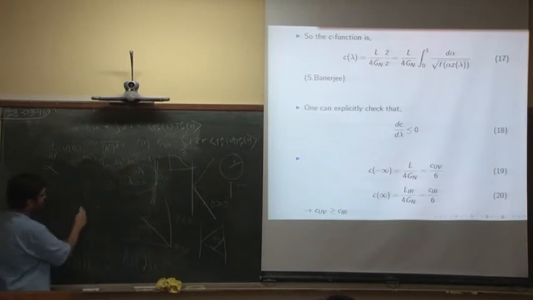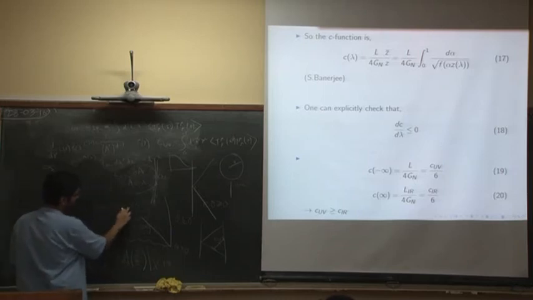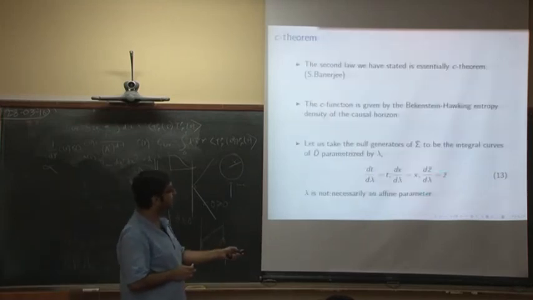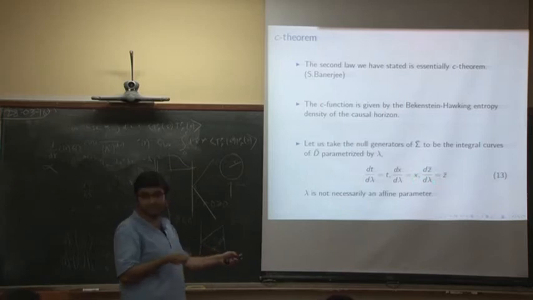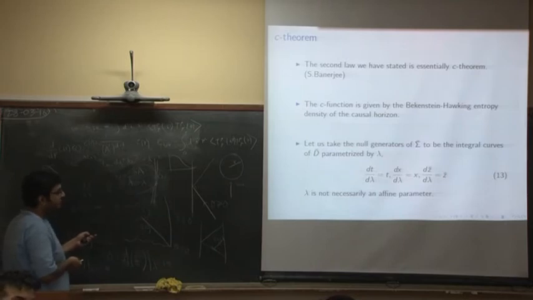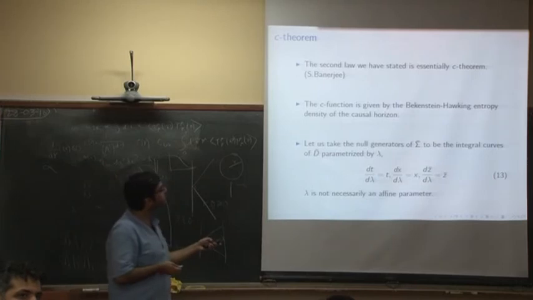So as lambda is going to minus infinity, this z bar is going to 0. That just follows from the way this was defined, that dz bar d lambda is z bar, so z bar is some exponential of lambda. I just want to understand how the lambda parameterization of the curve works.